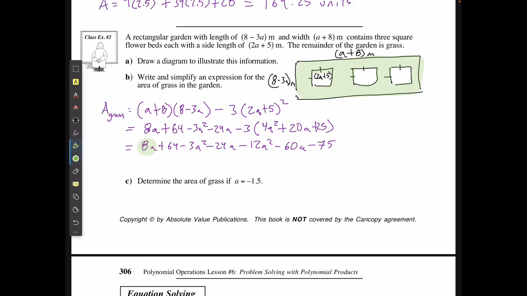Combine the like terms. I got the a's, I have the constants, and I have the a squareds.